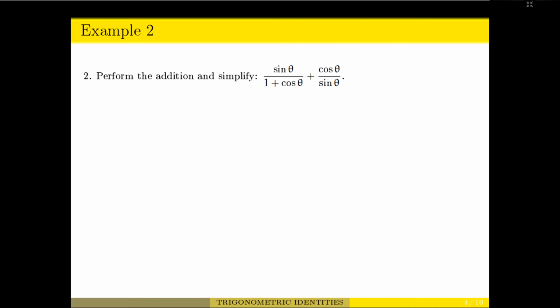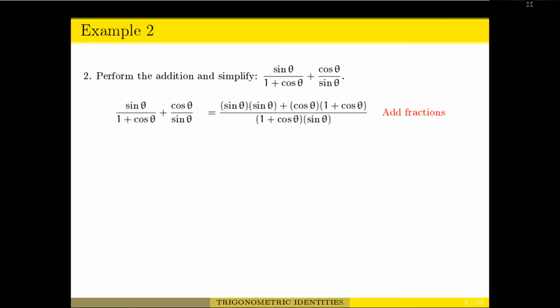Next, perform the addition and simplify sine theta over 1 plus cosine theta plus cosine theta over sine theta. By combining the fractions, we will get sine theta times sine theta plus cosine theta times quantity 1 plus cosine theta, all over quantity 1 plus cosine theta times sine theta.